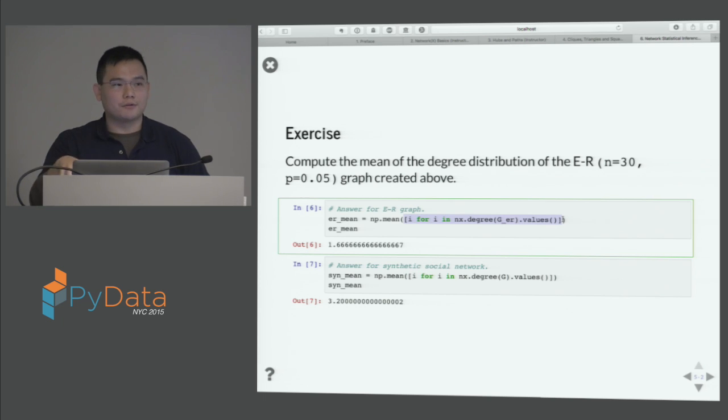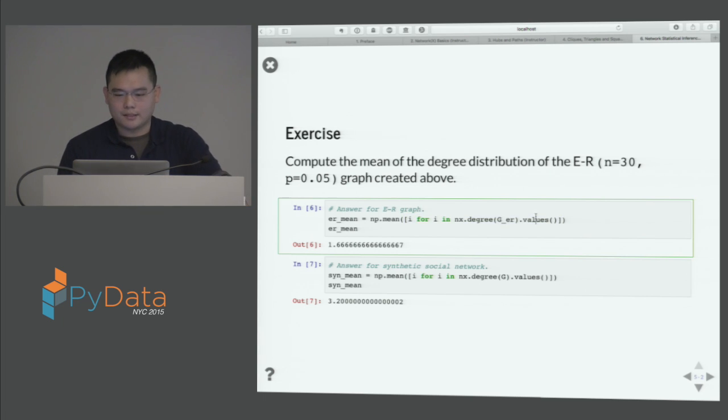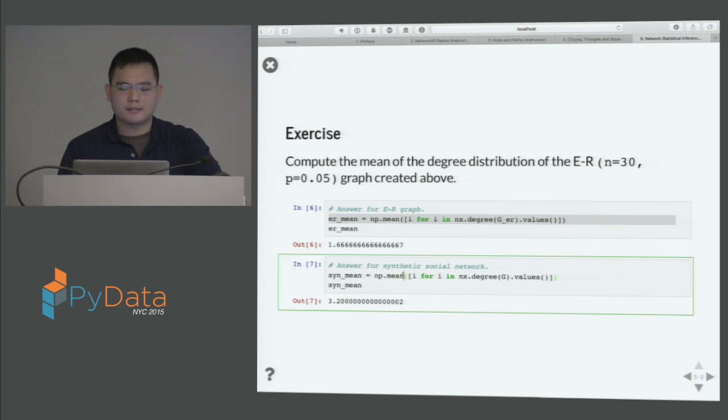Yes, I'm intentionally giving you this so that you don't have to worry about futzing around with the NumPy API in Python 3. There's a few issues, a few bugs there. The key line is this guy, and then you can do the analogous for the synthetic social network.